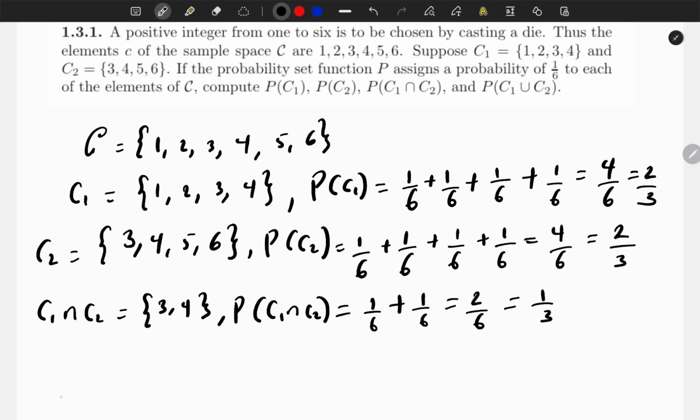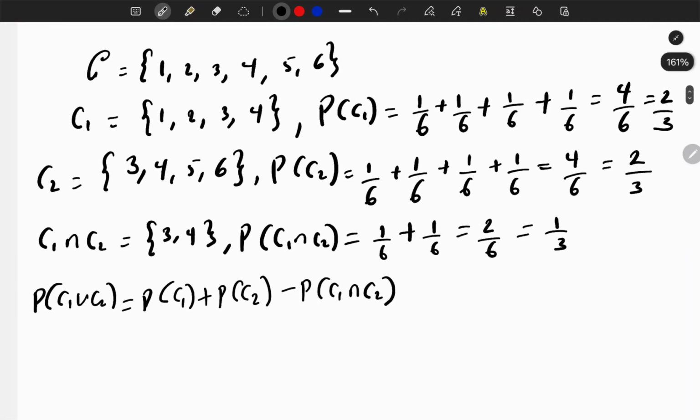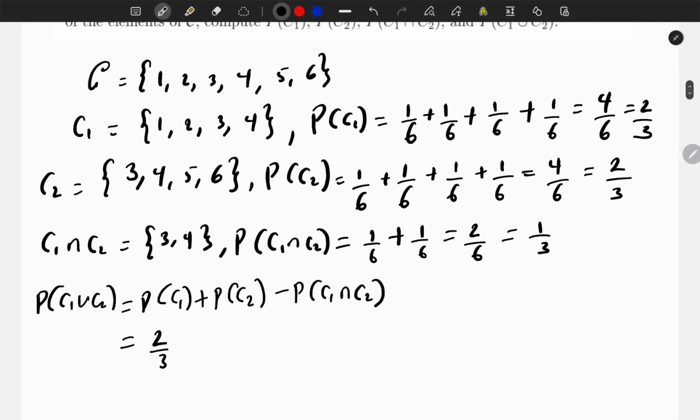So the next question is to find the union, C1 union C2. You can first find the union of those sets, or you can just use our inclusion rule, which is convenient. The probability of C1 union C2 is equal to the probability of C1 plus the probability of C2 minus the probability of C1 intersect C2, and that is 2 over 3 plus 2 over 3 minus 1 over 3.